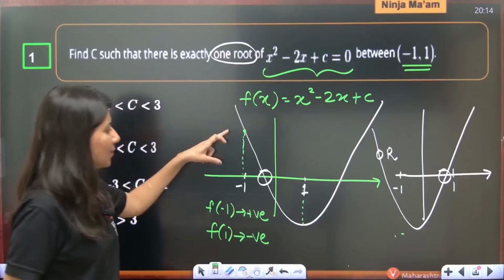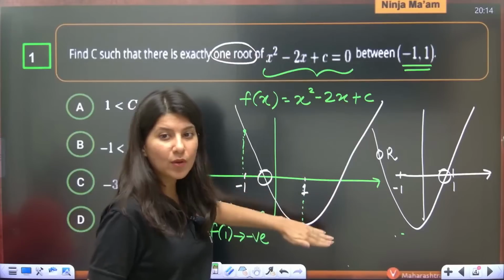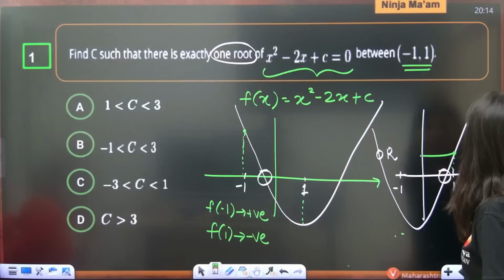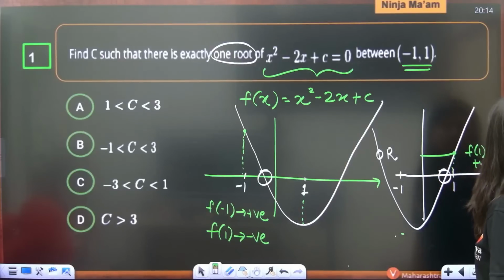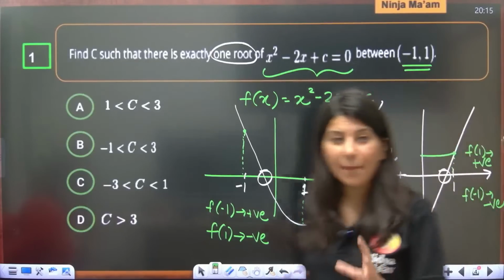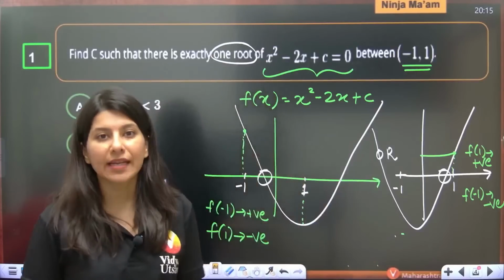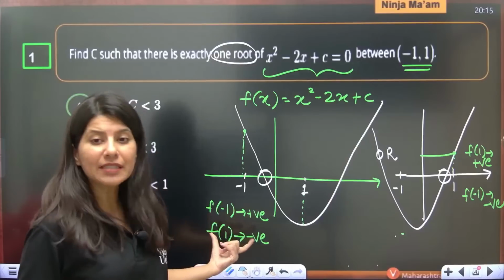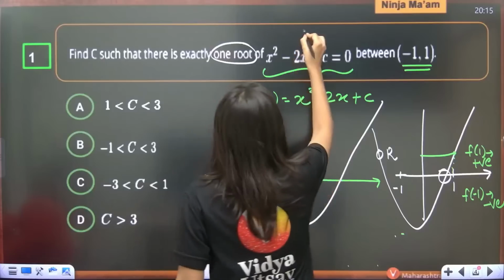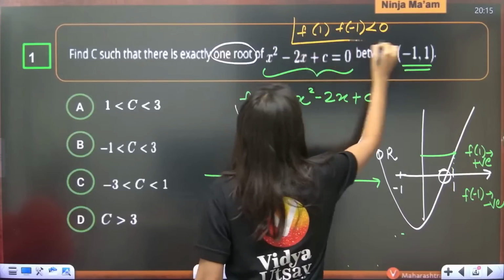So at -1 you are getting a positive value, at 1 you are getting a negative value, below the x-axis. In the other graph, f(1) is positive and f(-1) is negative. Basically, one value is positive and one value is negative. So f(1) times f(-1) should be less than 0. This should be the condition.